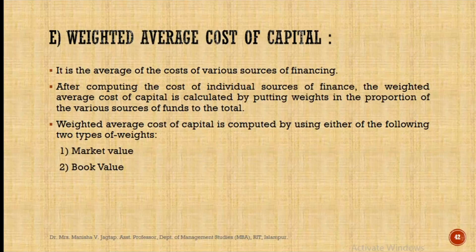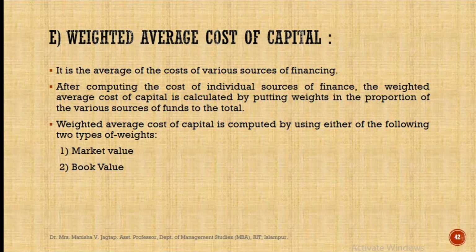Now, the next is weighted average cost of capital. It is the average of the cost of various sources of financing. It is also known as composite or overall or average cost of capital.